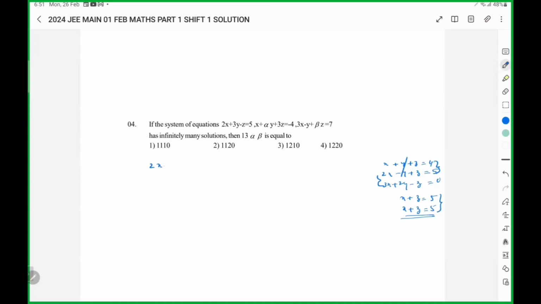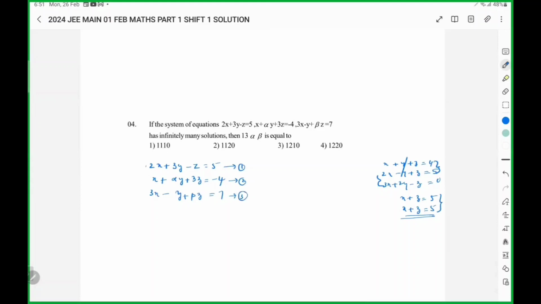2x plus 3y minus z is 5. x plus alpha y plus 3z is minus 4. 3x minus y plus beta z is 7. So first equation, second, third.